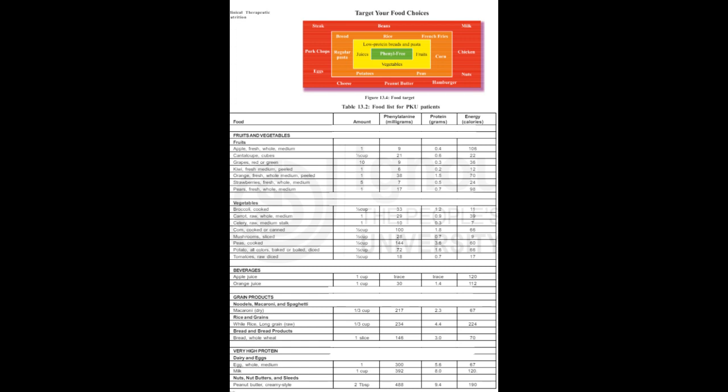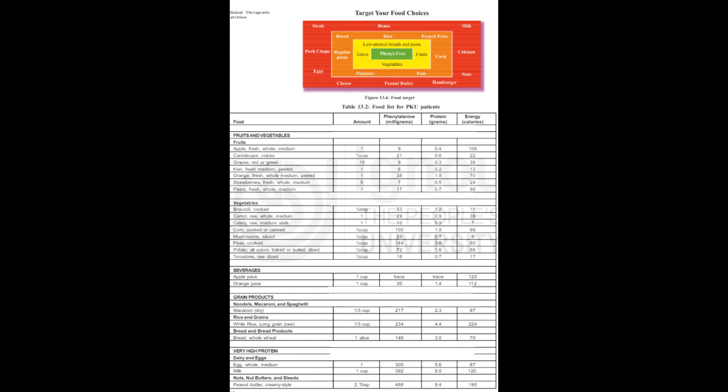These foods cause high blood phenylalanine levels for people with PKU. Dietary counseling based on the food pyramid concept illustrated in Figure 13.3 and the food target concept illustrated in Figure 13.4 will be quite useful in the management of the disease. Figure 13.4, Food Target. Table 13.2, Food List for PKU patients.